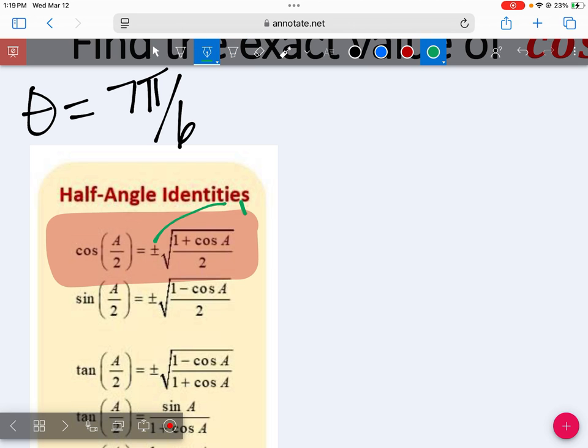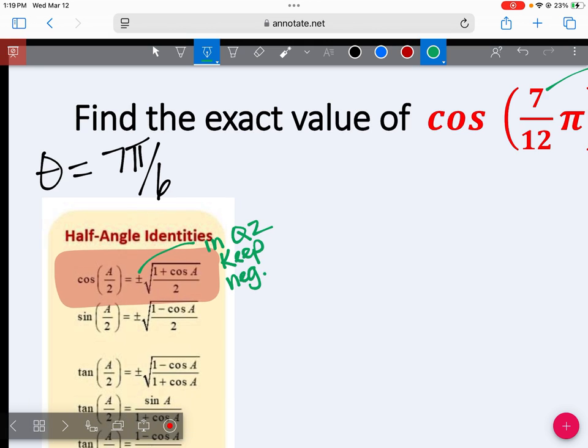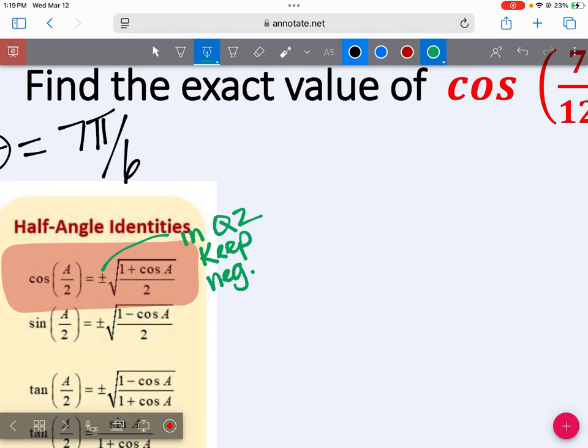Because we are in Q2, we're going to keep the negative. That's how I know if I'm starting with a plus or a minus. The last example was 22.5. That's positive, so we started with a plus. But this example is 7 pi over 12. That's in quadrant 2, so this is a negative. So we're ready to go.